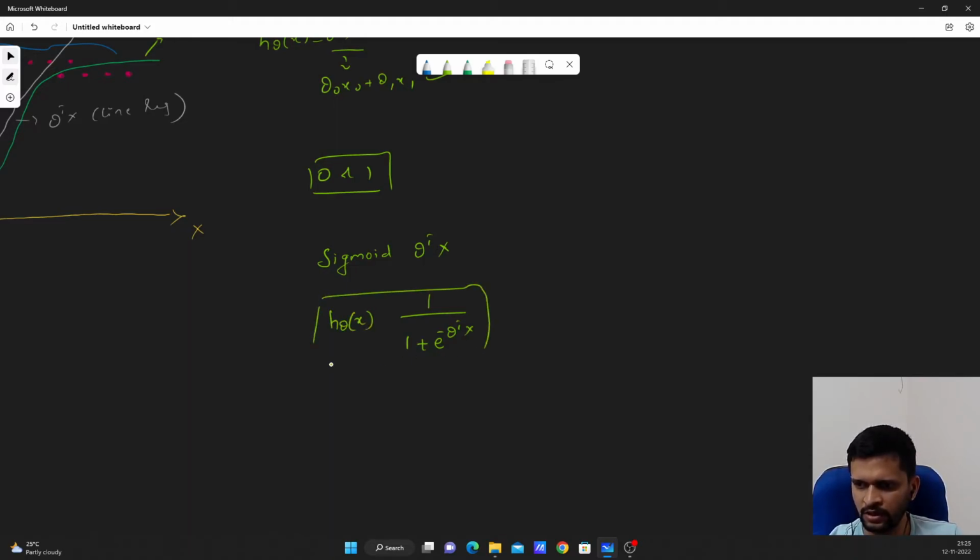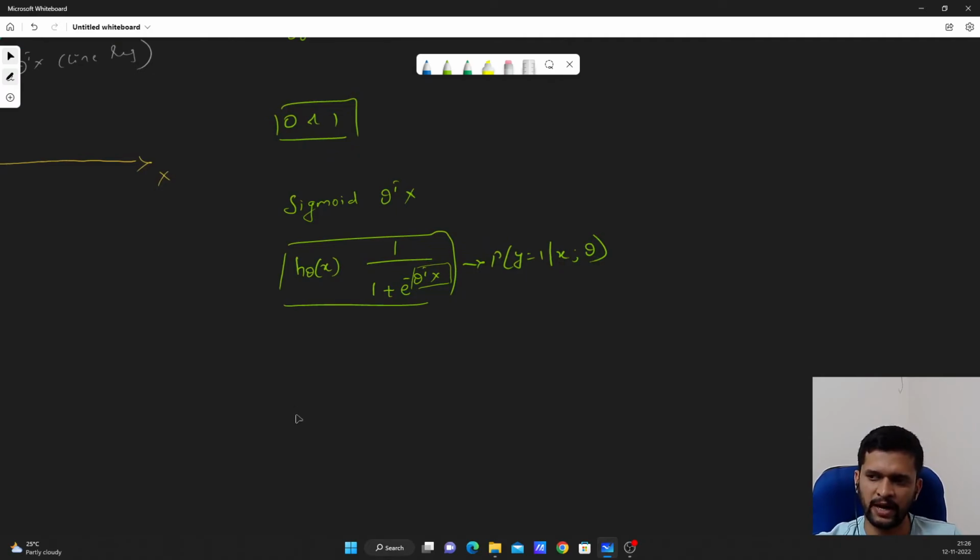What we have done here is take the linear regression hypothesis theta transpose x and shrink the output provided by that linear function to values between 0 and 1, so that this will give us the probability that y is equal to 1, given x and parameterized by theta. What does this imply?